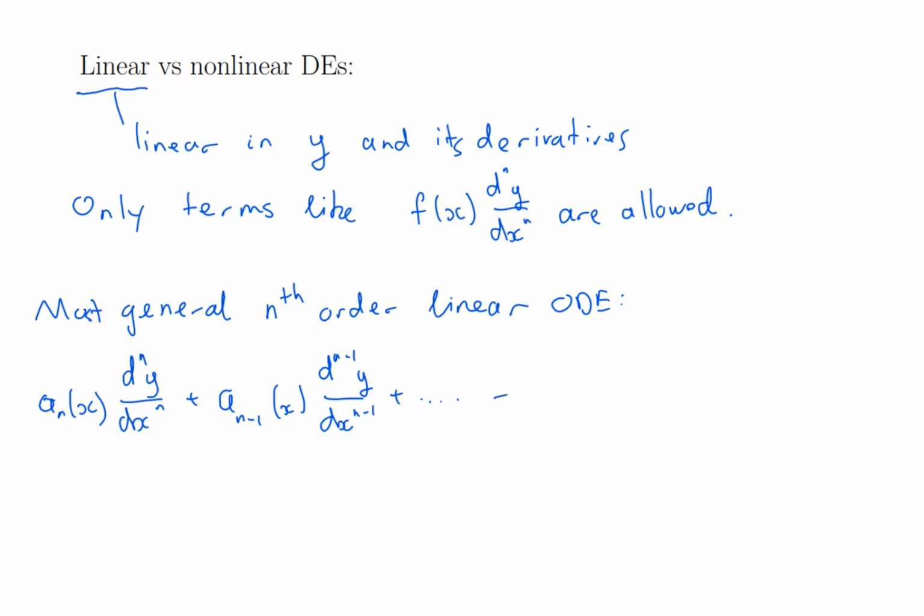All the way down to a_1 of x dy dx, the first derivative term. Then something with no derivatives, a_0 of x times y, that's a bit like the 0th derivative. And then you're also allowed to have a term which we traditionally write on the other side, a function of x only, g of x. So these, a_n up to a_0 and g, they're called the coefficients.